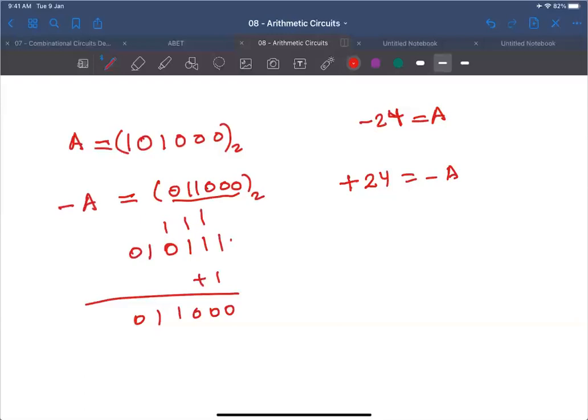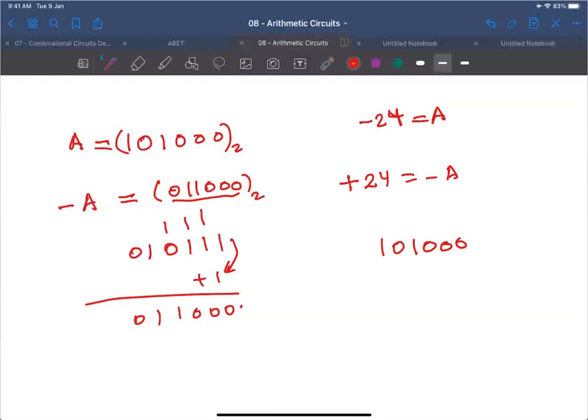Okay. So now we turn to the shortcut. Instead of doing it in 2 steps and then finding the sum, we can do it right away. If this is my A, and I would like to find the 2's complement of A, I scan A from right to left, 0 0 0, and then I find the first 1, and then keep all this as is, including the 1, and then complement the rest of the bits.